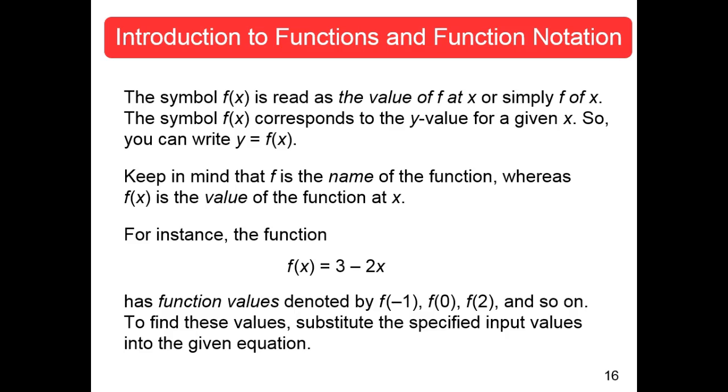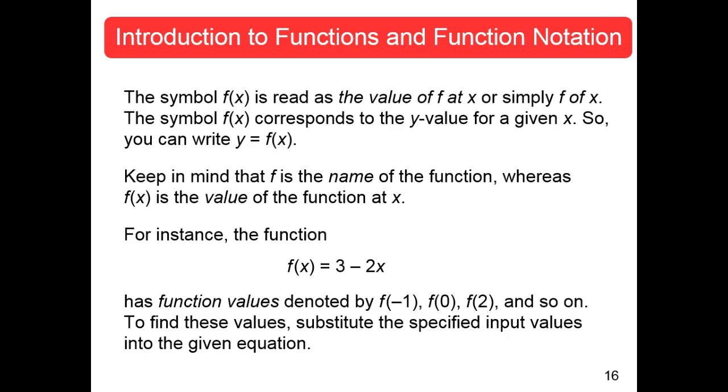Can you put a positive number in there? What would that give you? 3 minus 4. Negative 1. All right, yeah. So your f of 2 would be negative 1.